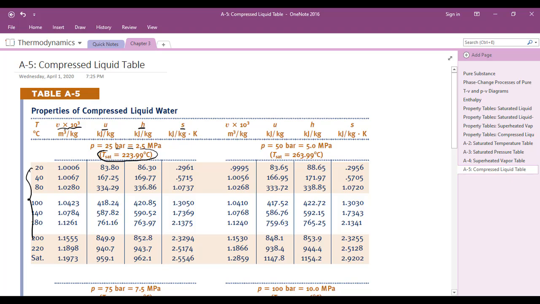We should be careful here that the specific volume is also multiplied by 1000. So the values here, when extracted, should be multiplied by 10 to the power minus 3.